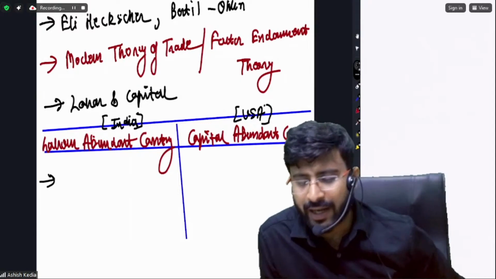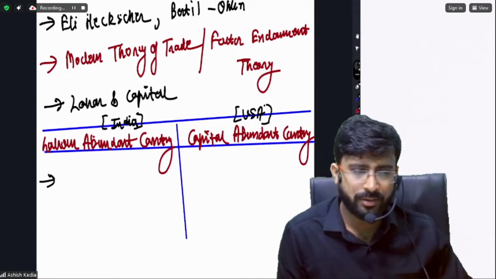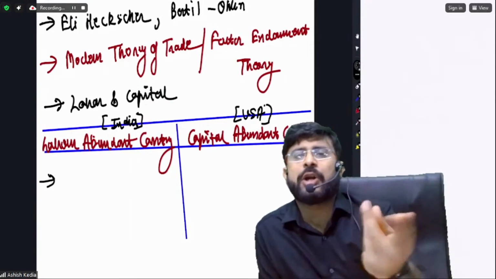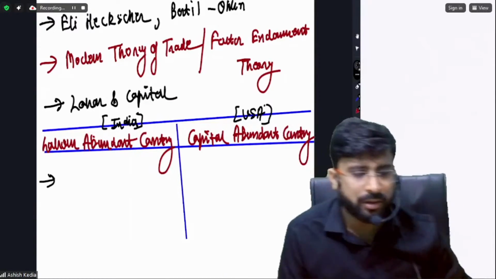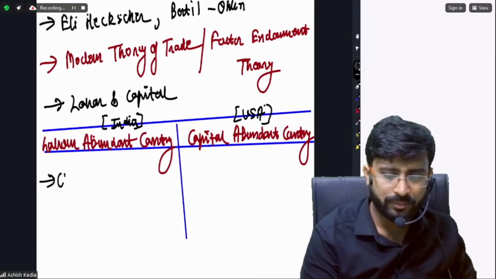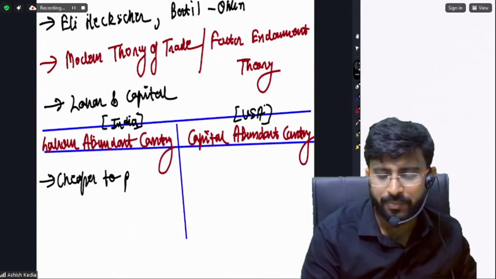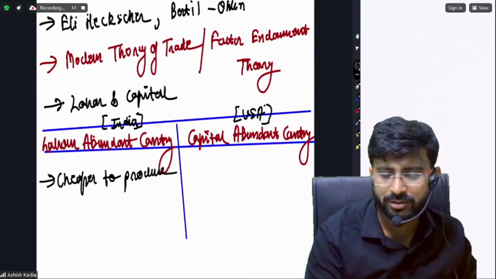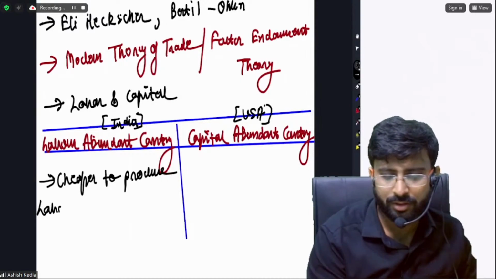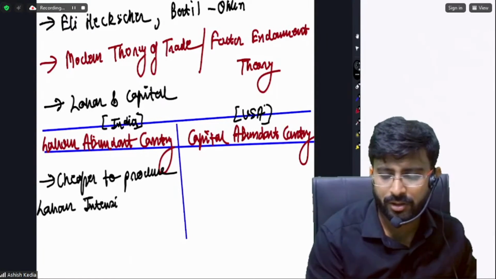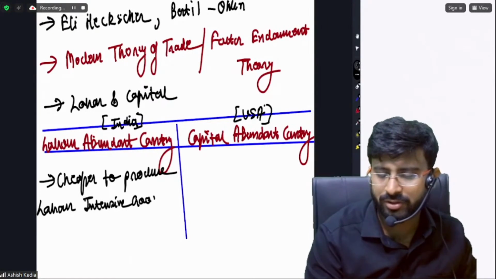Labor abundant is India. Capital abundant is USA. So in a labor abundant country, it will be cheaper to produce those goods that require labor.